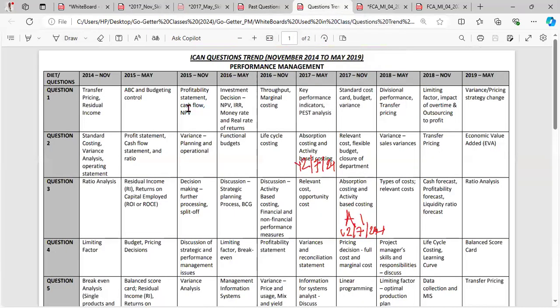So limiting factor, let's see. There is no question here. Okay, good. There is another limiting factor here. So this is another assignment, because it's on A2, assignment here. Then there is another limiting factor.